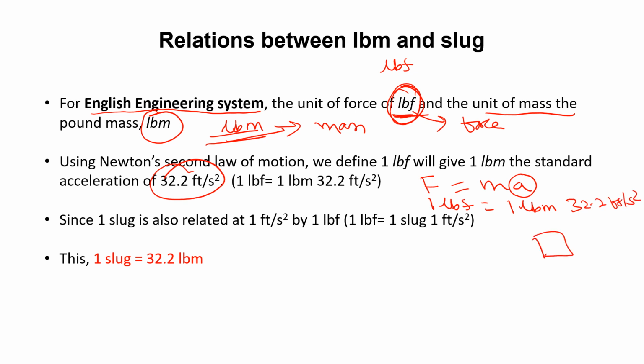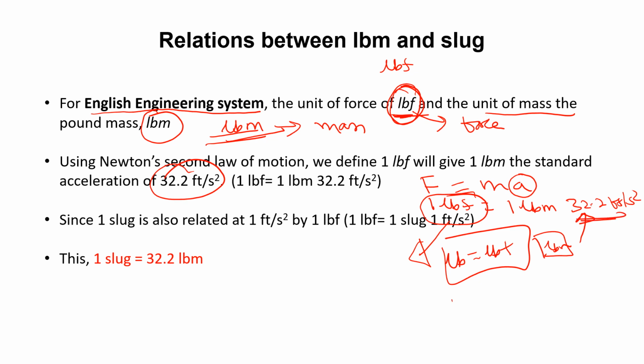So if you have a mass of 1 pound mass moving with this acceleration, then only you have 1 pound force. So if you compare with the previous one, here 1 pound force is equivalent. So if you relate this with the slug, the same thing again, force is ma, it is 1 pound force when mass is 1 slug and acceleration is 1 feet per second square.